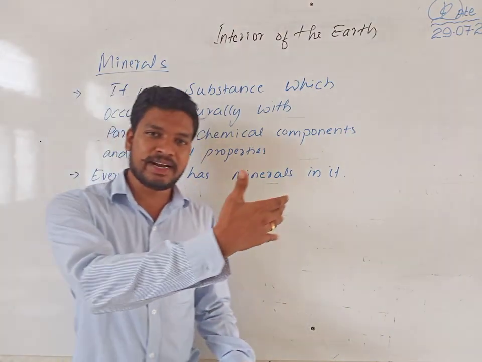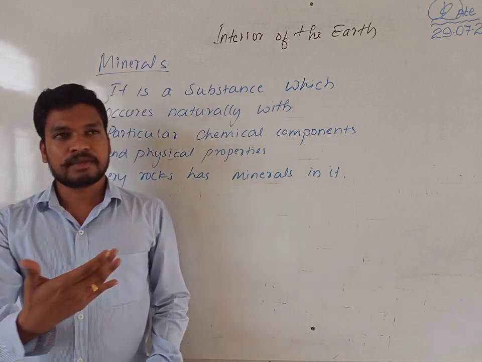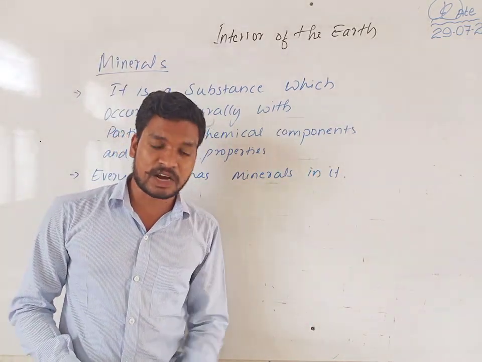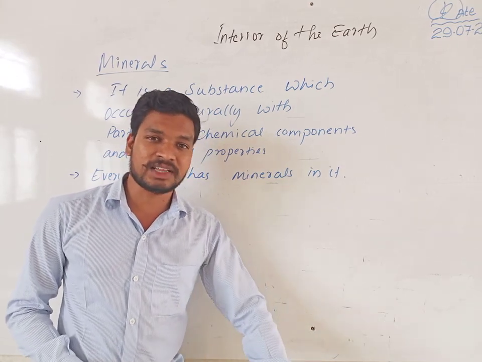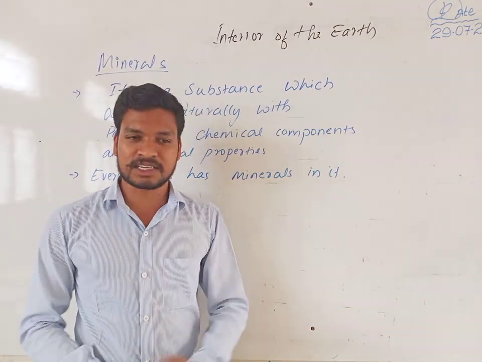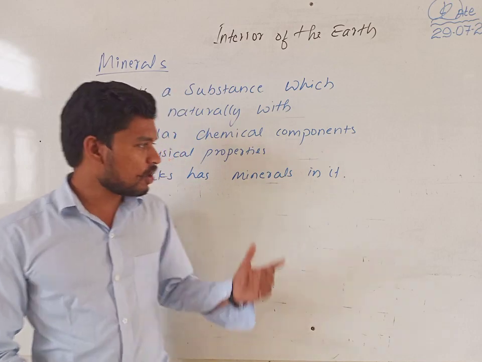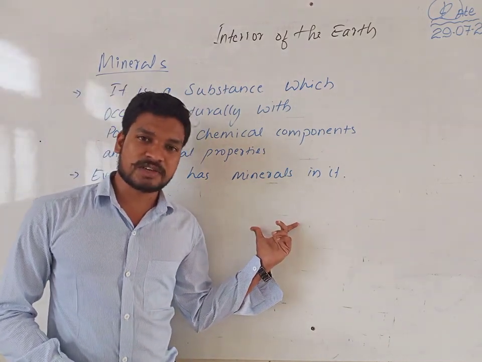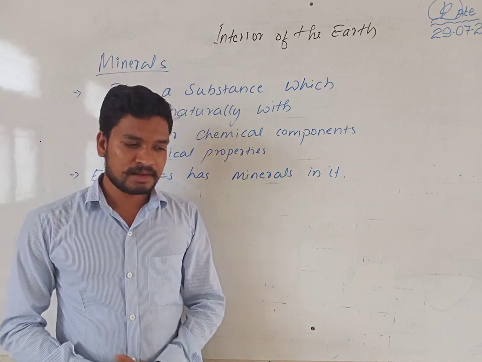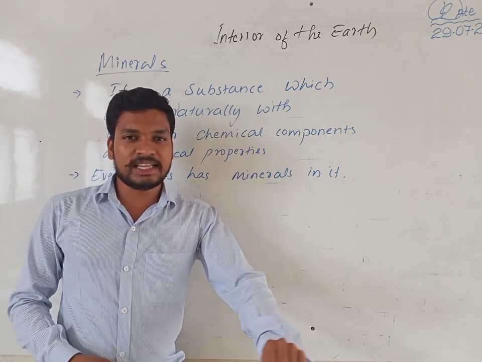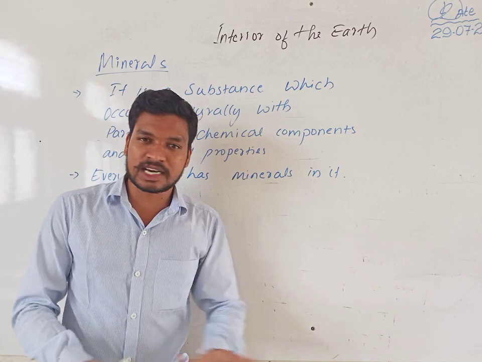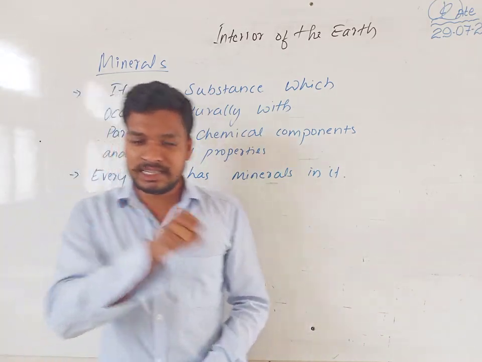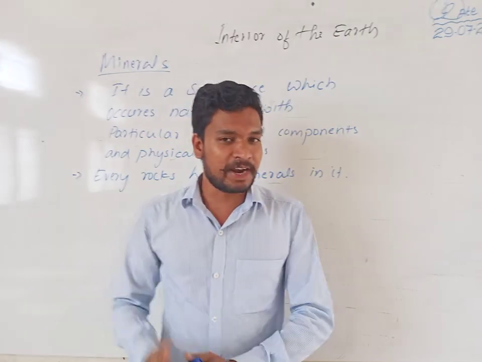They made an inventory, a list of around 3,000 minerals found in the earth, beneath the earth's crust, in the rock. In every rock, more than 100 or thousands of minerals are found. But we are getting only the required minerals. Every mineral is not required in the rock. We are taking out only the important minerals which are required.